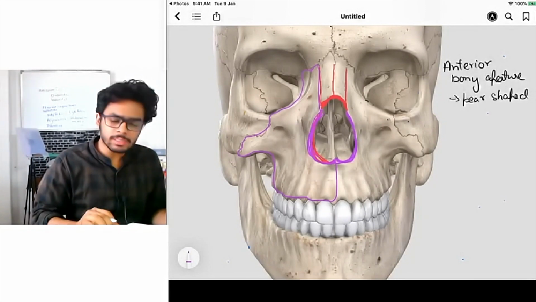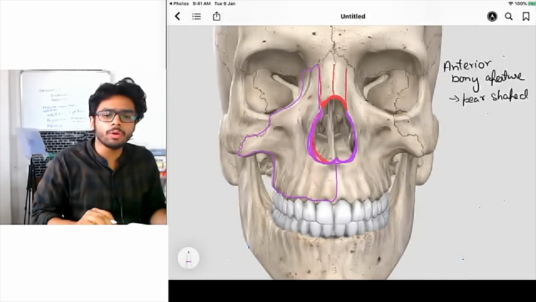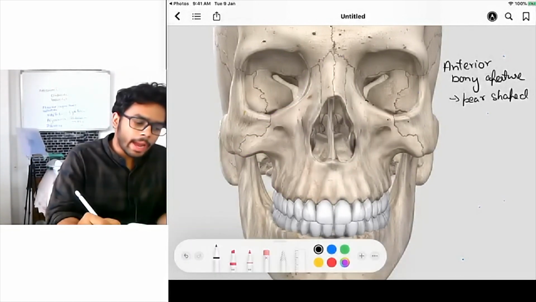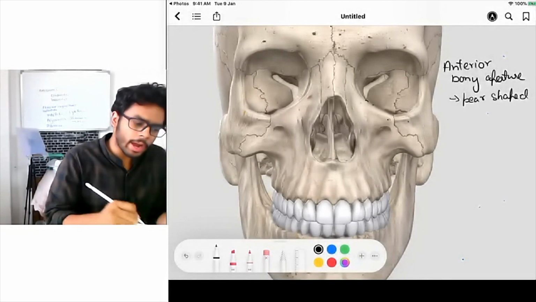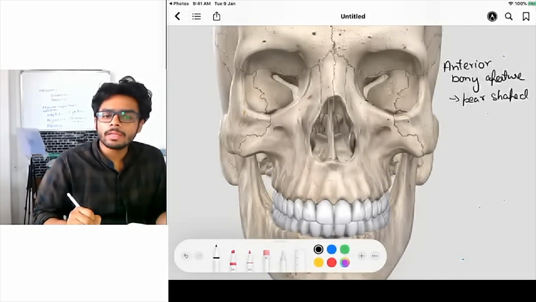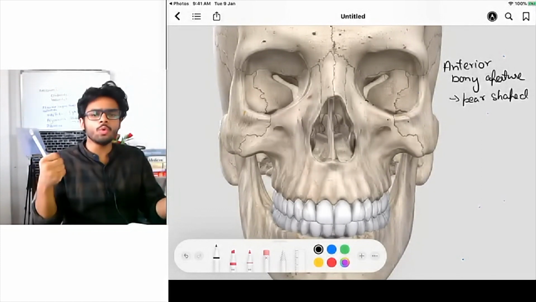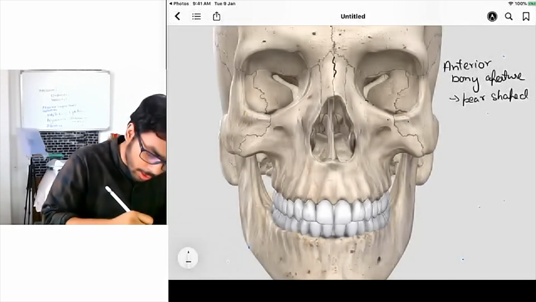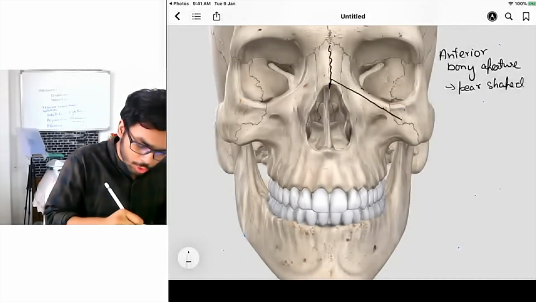Now we will study the different articulations, that is features of this aperture. We will study this whole bony part. Anteriorly, with the opposite bone, at the internasal suture, there is an articulation. What does articulation mean? Articulation means where two bones join. Here you can see this part, there is a joining of which bone?